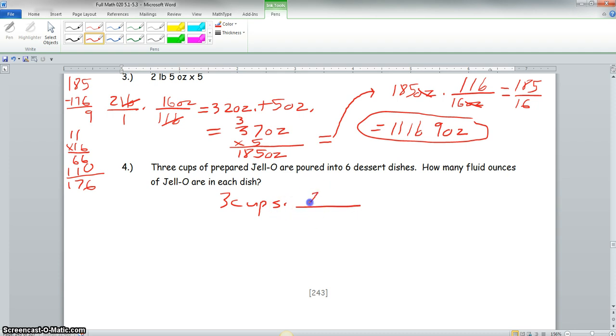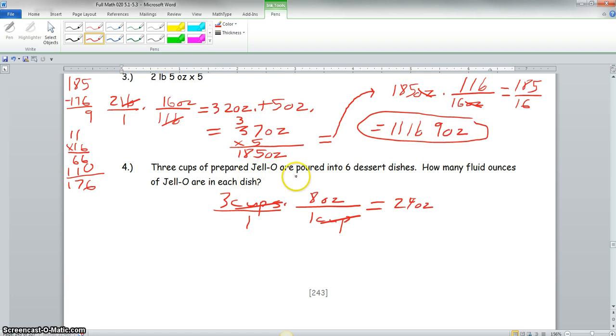So we know it takes 8 fluid ounces to equal 1 cup. We'll put this over 1. These cups will simplify, and 3 times 8 will give us 24 ounces over 1, which is just 24 ounces.